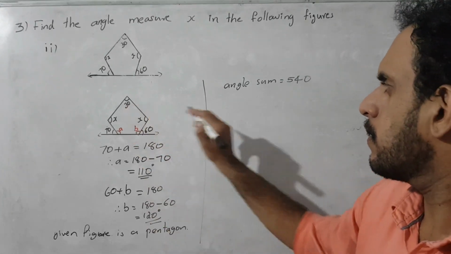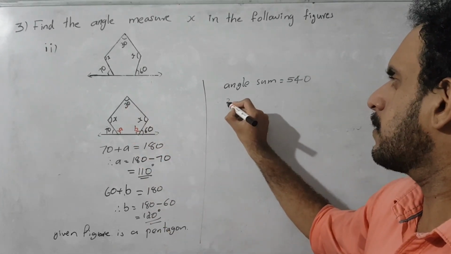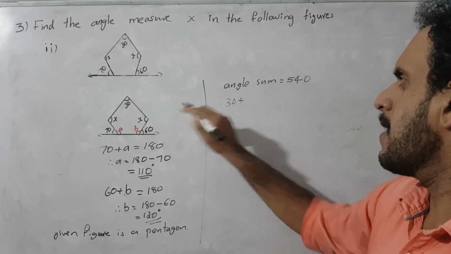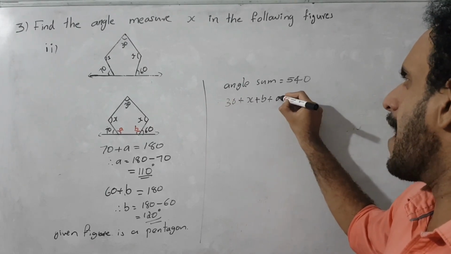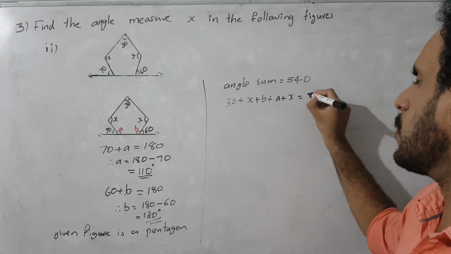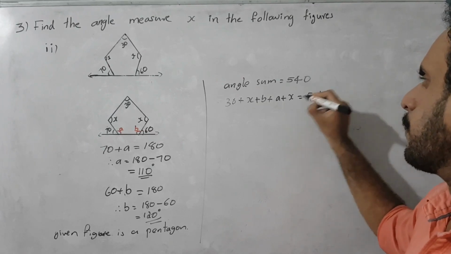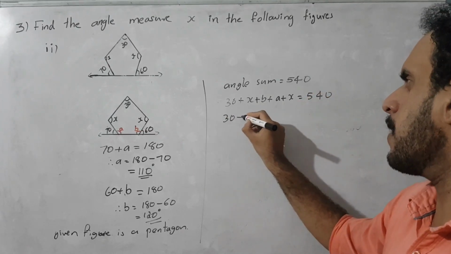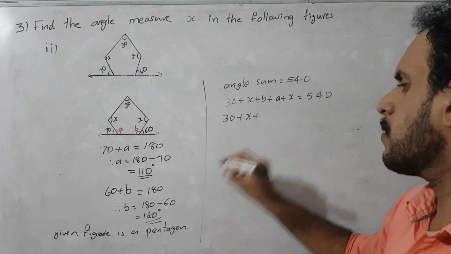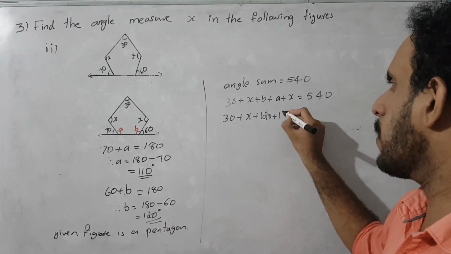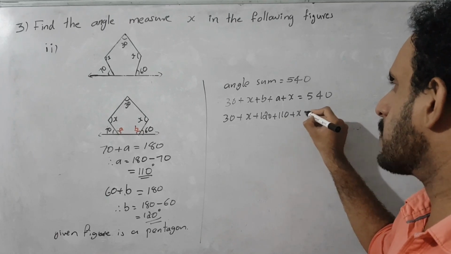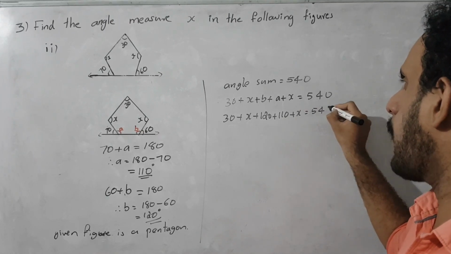Then what are the angles? 30 plus x plus B plus A plus x is equal to 540. What is B? 30 plus 120 plus 110 plus x plus x is equal to 540.